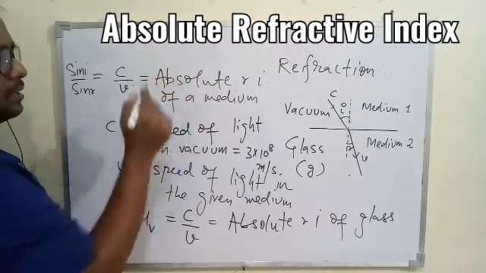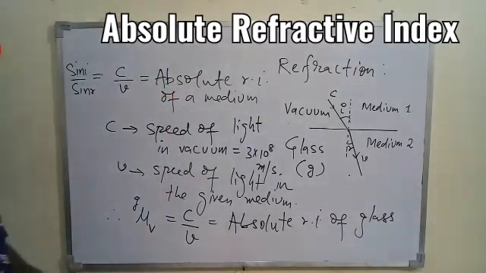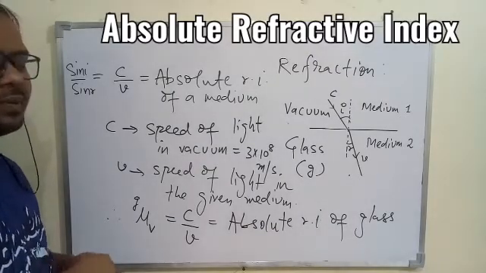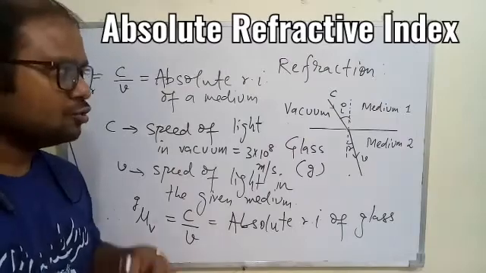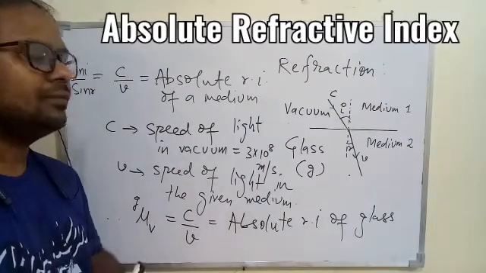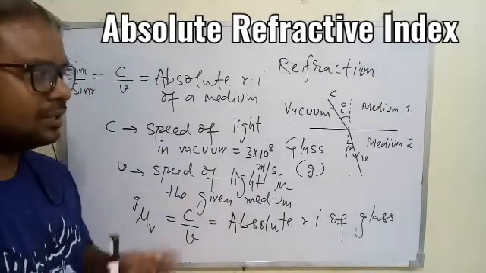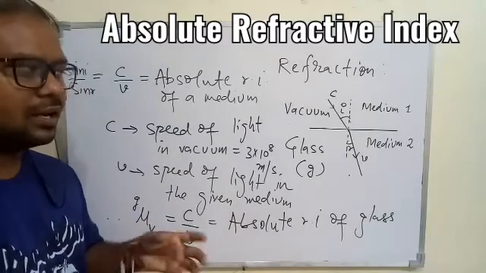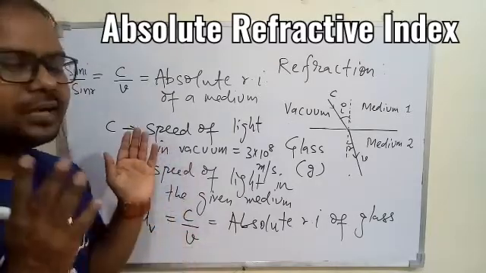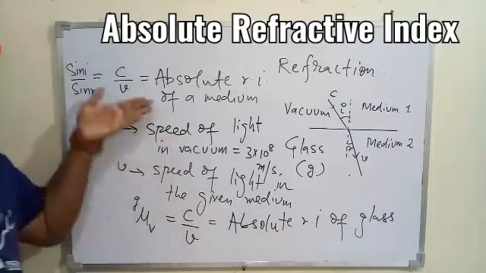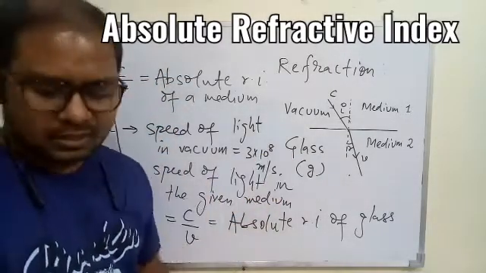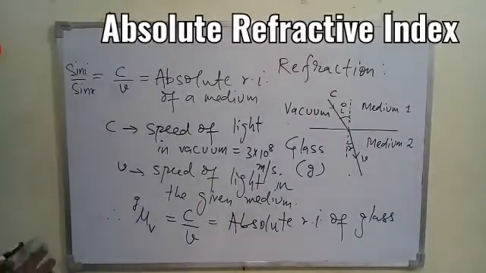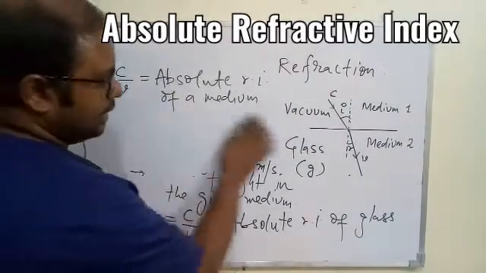If we are finding the refractive index of a given medium with respect to the vacuum, then that is called the absolute refractive index. So in the book or in different resources, if you find the refractive index of different media like glass, air, water, whatever values are written there, that is nothing but absolute refractive index. That is one thing you should remember, the meaning of absolute refractive index.